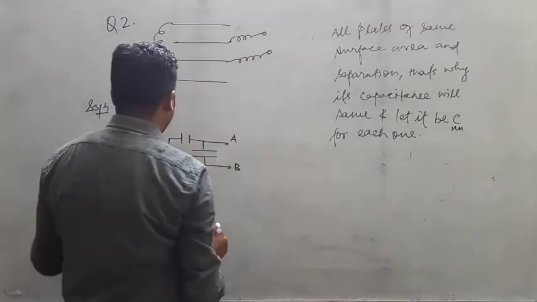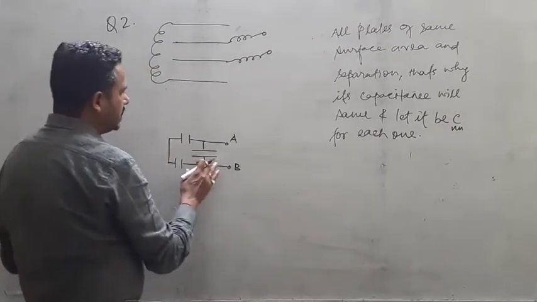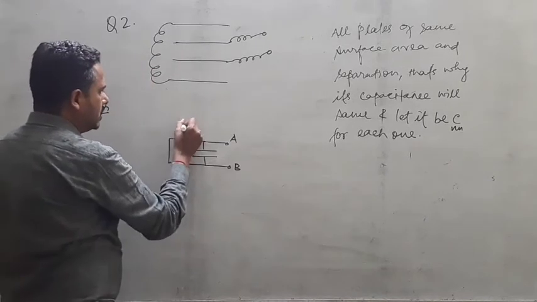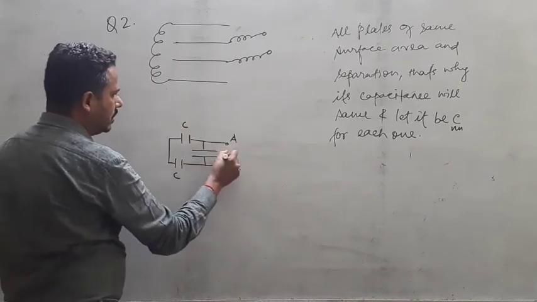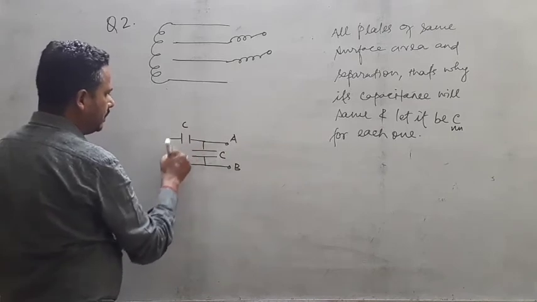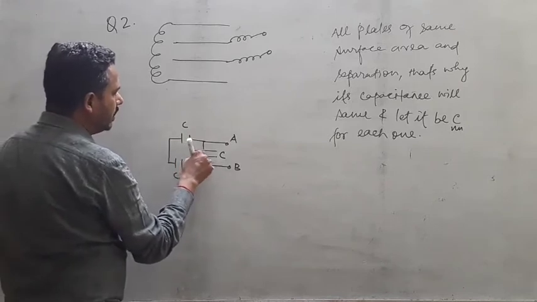From here you see that three capacitors are connected in this way. This C and this C are connected together in a series combination, and the equivalent of these is connected in parallel with this capacitor.